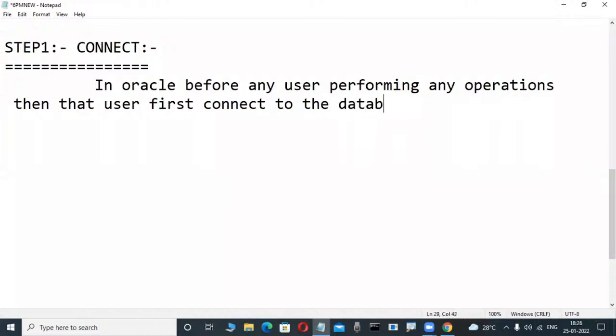Database means server here. Connect to the database by using a client tool. I'm drawing this diagram, don't worry. Client tool. I will give an example also.